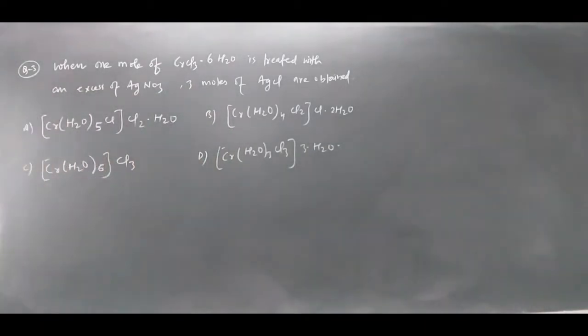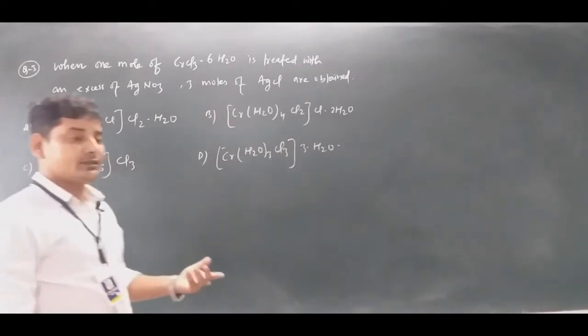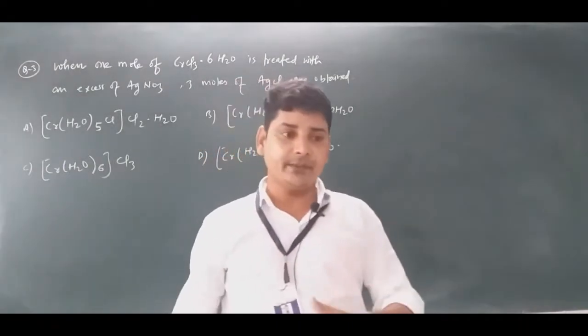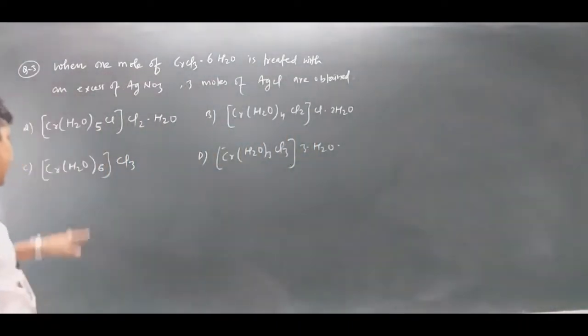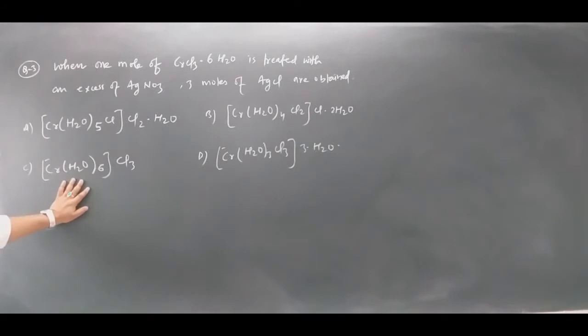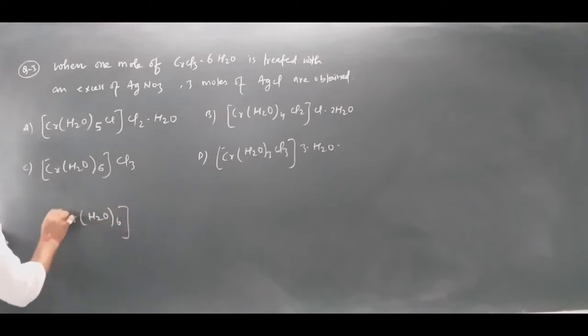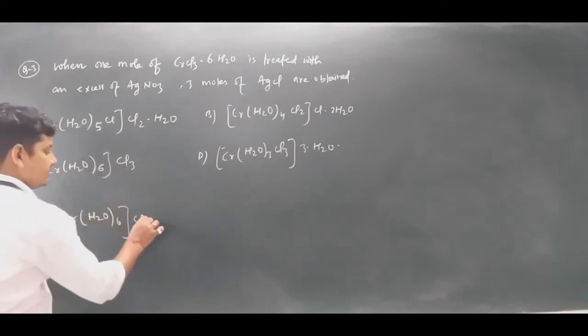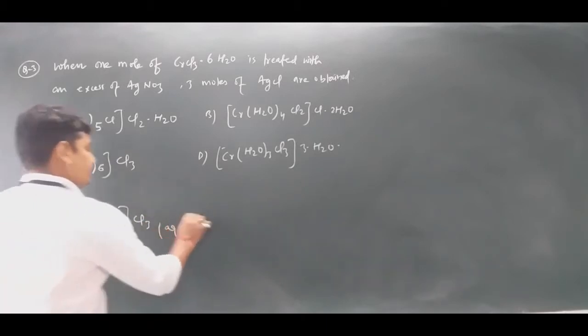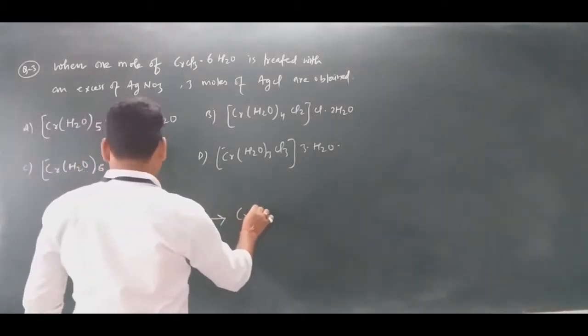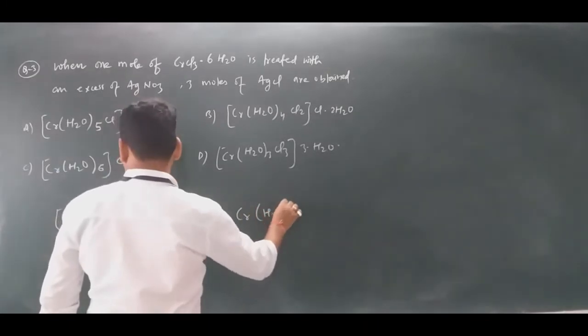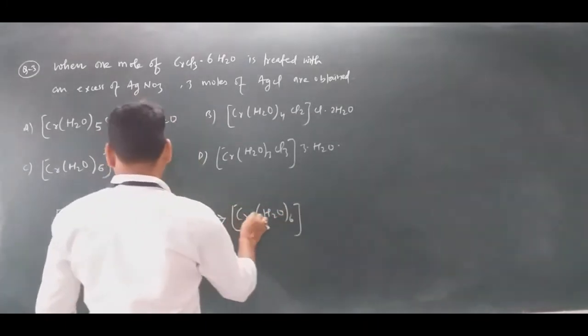So looking upon the options, this is a complex compound. The question is basically from coordination compounds. So what is happening here is, if we give attention to the options, we get here this option. If the compound is in aqueous condition, it will be dissociated like this.